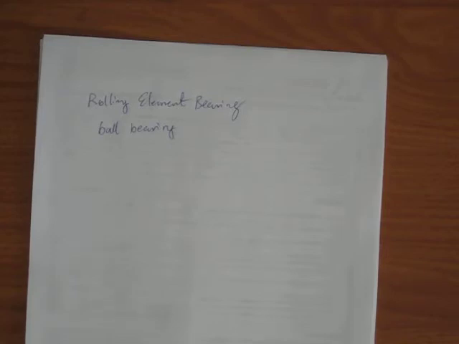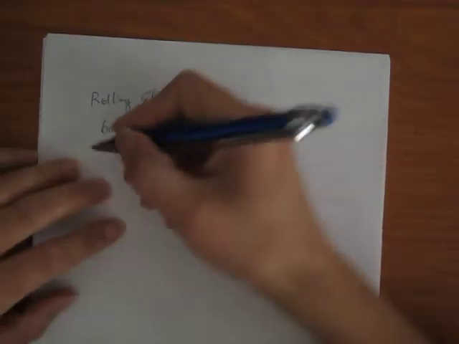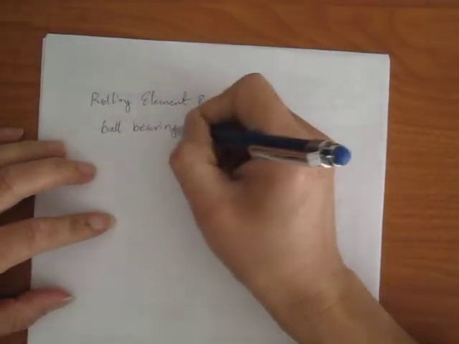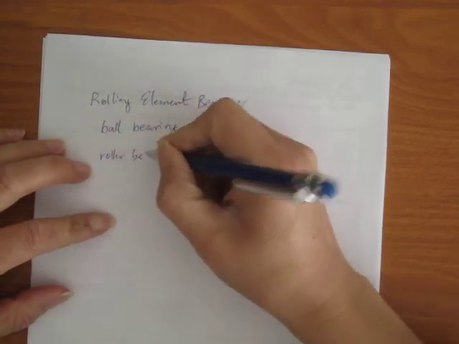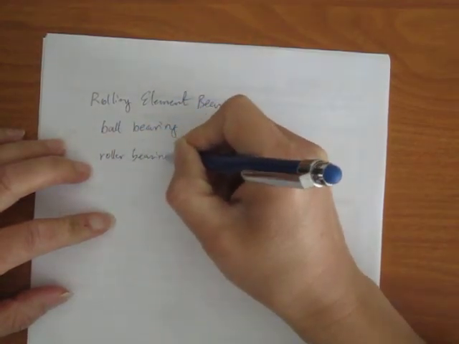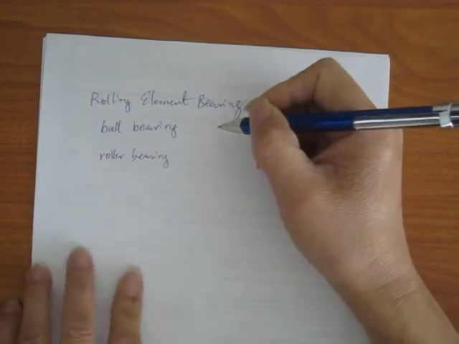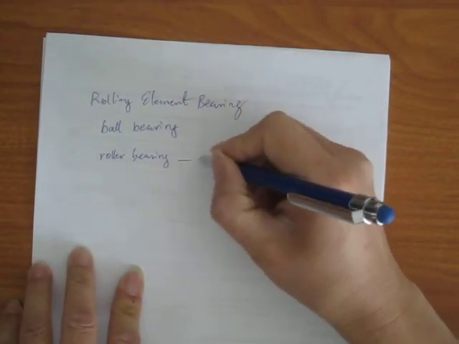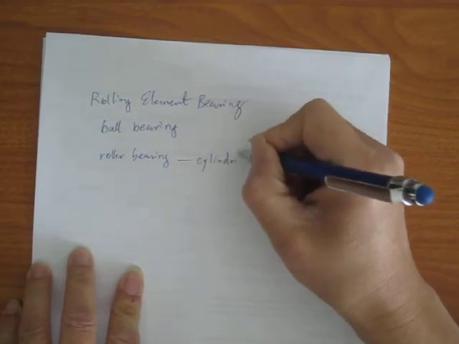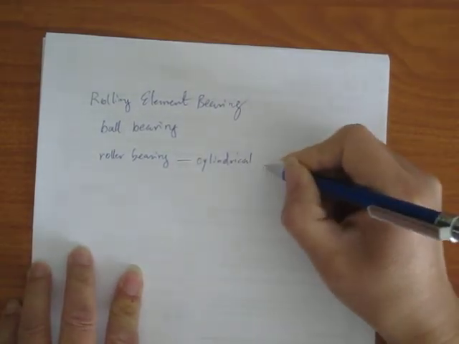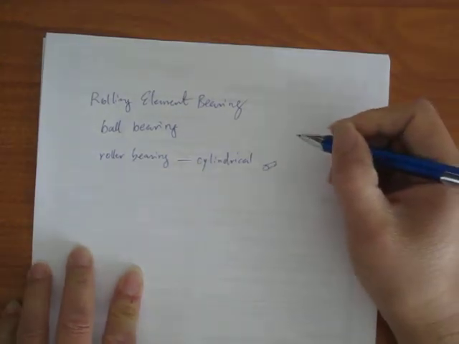We have roller bearing, ball bearing, that's the most common. And also we have roller bearing, and the most common one is what we call cylindrical, just like a cylinder, this roller here, cylindrical.